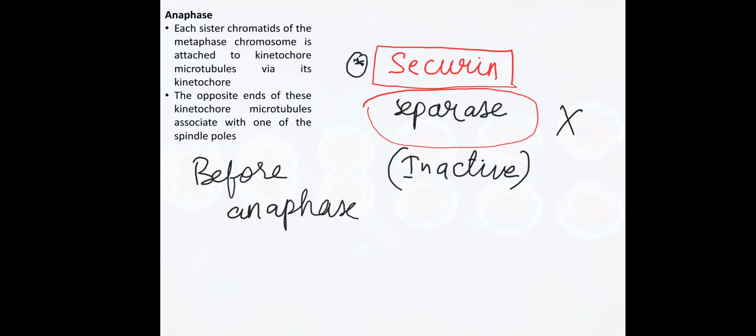So first, in order to activate separase, securin should leave separase. So this is the destruction of securin. If there is no securin, then separase becomes active. Now, how do we destroy this securin in order to release separase? It is by APC/C.